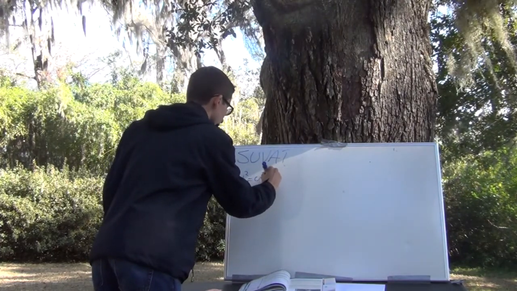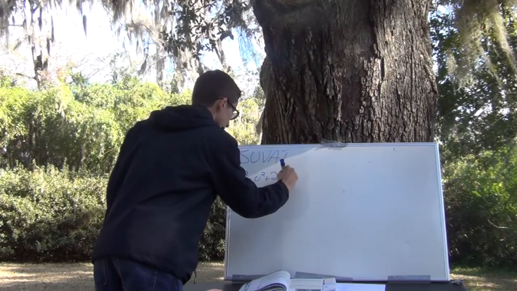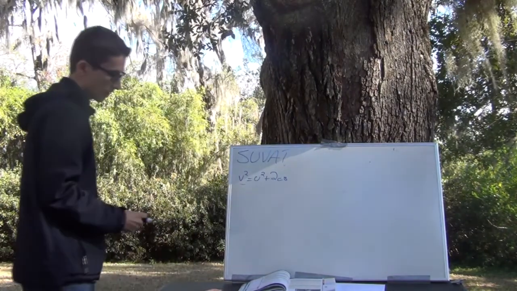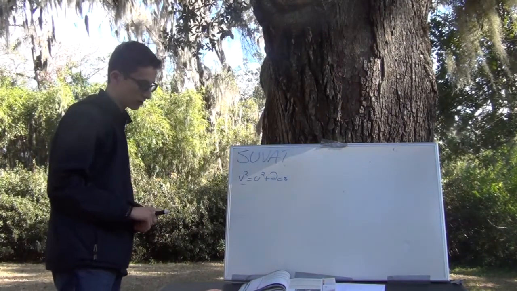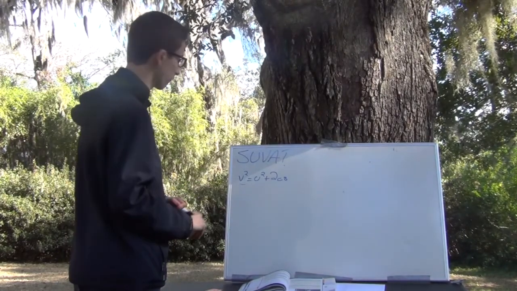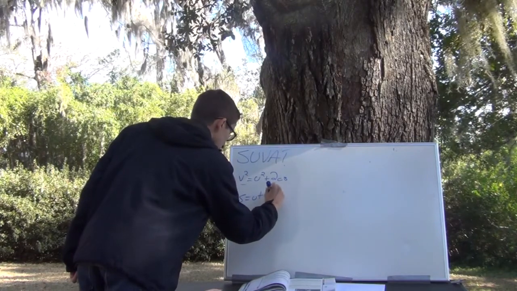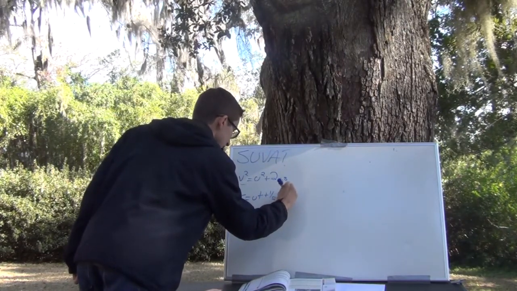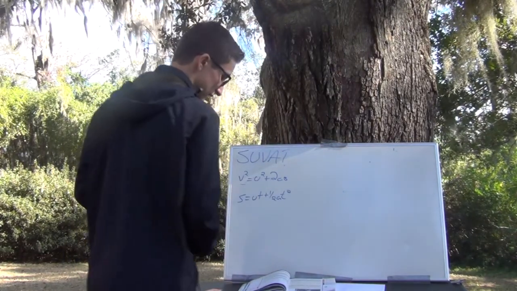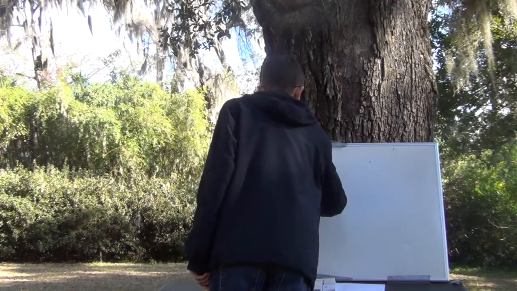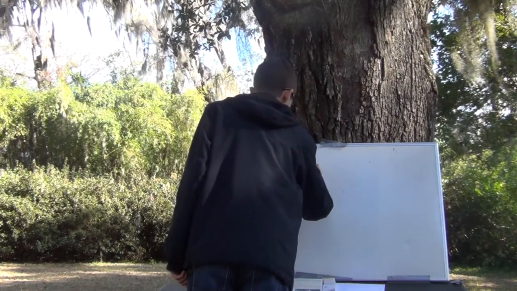You can use this equation: V squared equals U squared plus 2AS. And how about you want to find your displacement, but you don't have your final velocity? Well, then we use S equals UT plus 1/2 AT squared. I write that down with all of our other equations that we've compiled.